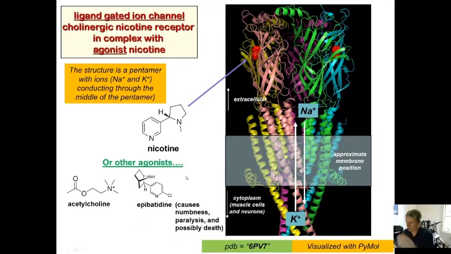Here's a weird molecule. It's called epibatidine. It causes numbness, paralysis, and possibly death. So it's not something you'd probably want to take therapeutically, but through the effects of this, since it's potent, it can actually kill you.